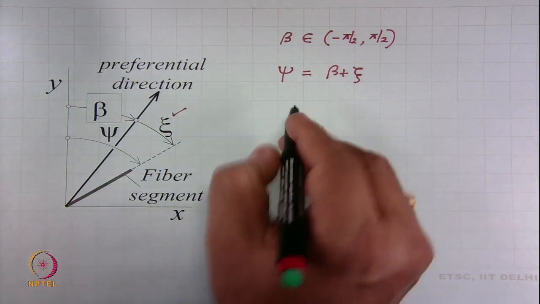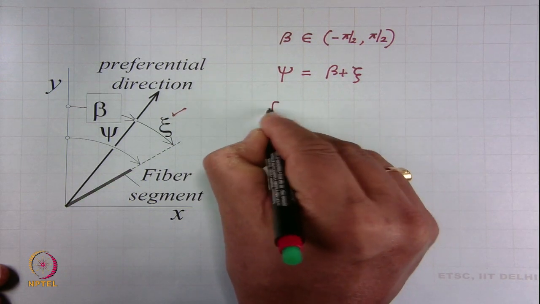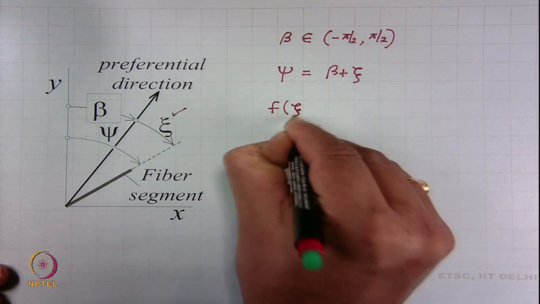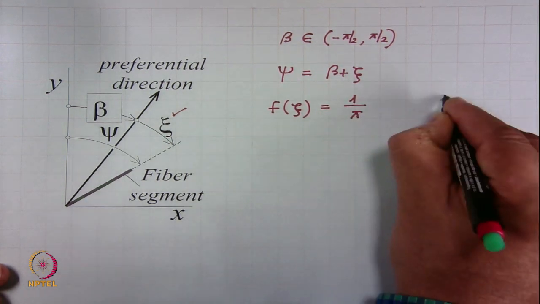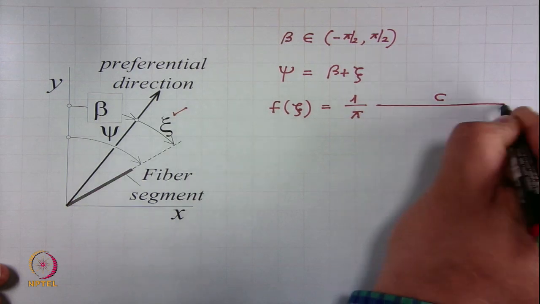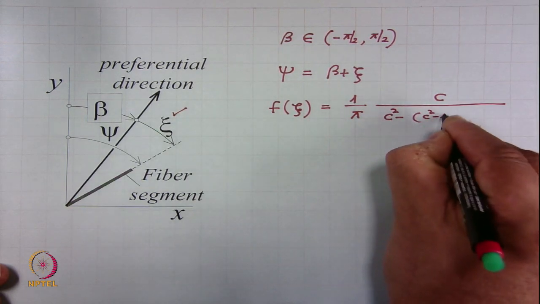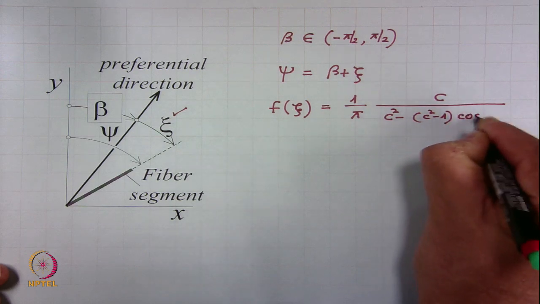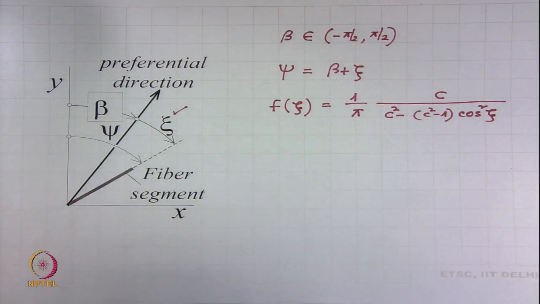So, the PDF will be now valid for this angle: 1 by pi, c by c square minus 1, into cos square of this angle. Okay.